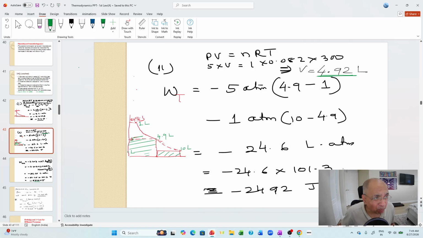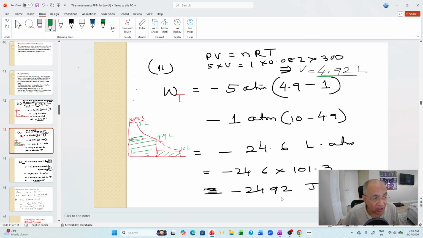Then first from 24.83 atmosphere to 5 atmosphere. That means it will work under 5 atmosphere. So minus P, the constant pressure, is 5 atmosphere. And again PV is equal to nRT gave us the volume 4.92 at 5 atmosphere. So this was the final volume, and it started from initial volume 1 liter. So 4.9 minus 1, V2 minus V1, and then minus P del V. Then under 1 atmosphere to 10 liter, final volume 10, it went from 4.9.